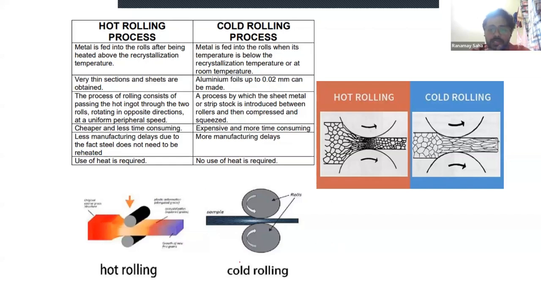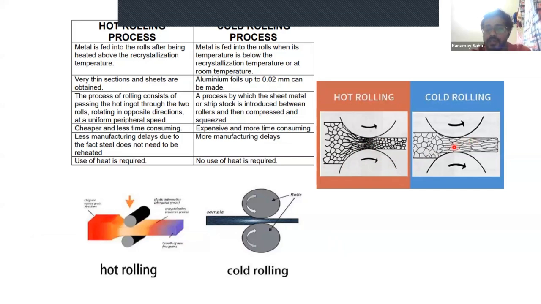You can look at the diagram on the right hand side. Here you can see the grains heavily distorting and recrystallizing into smaller ones because of the high heat and compressive force acting between the rolls. And in case of cold rolling, you can see these are rather columnar in appearance.